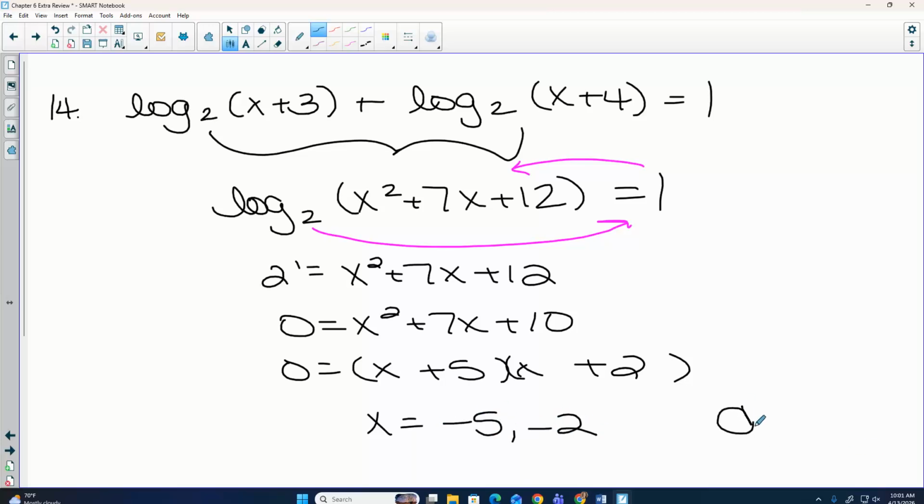But we always check. If I put in negative 5 plus 3 is not positive, so that one won't work. Negative 2 plus 3 is positive, negative 2 plus 4 is positive, so that one is okay. So negative 2 is the only answer. Are we okay on that?